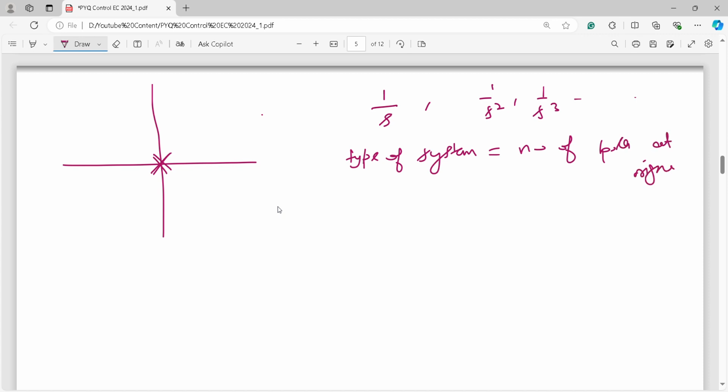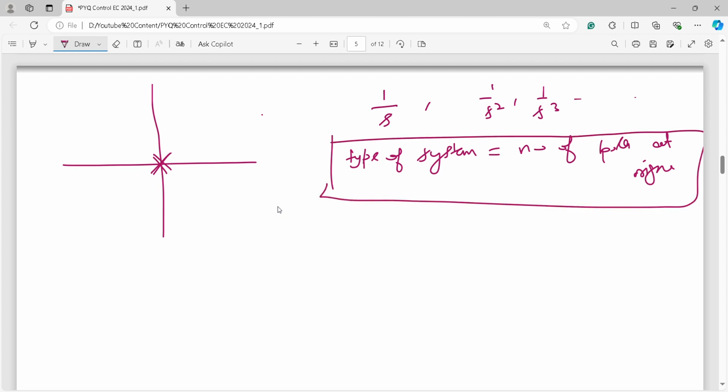Okay, so here like 1 by s, let's apply the final value theorem. It gives 1, or we can say a finite value.